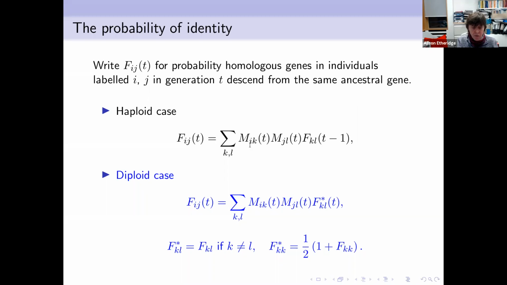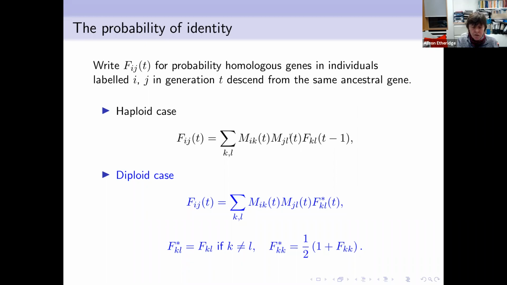So my ith row would have a half in the kth position if the individual labeled K in the parental population was a pedigree ancestor. And similarly over here, the jth row of my pedigree matrix would have a half in the lth position if the lth individual in my parental population was a pedigree ancestor.